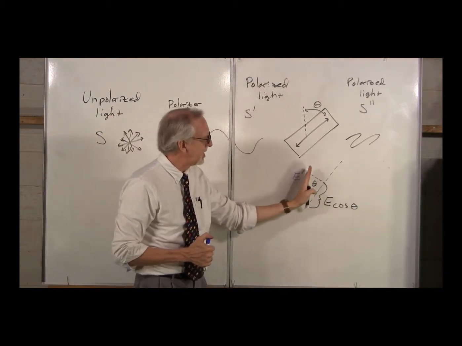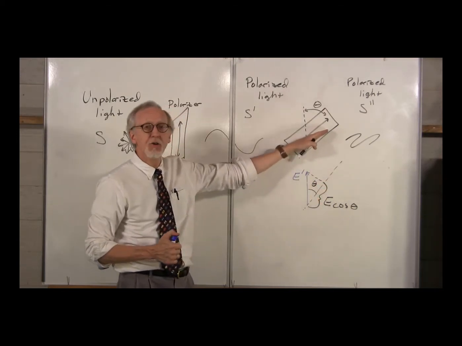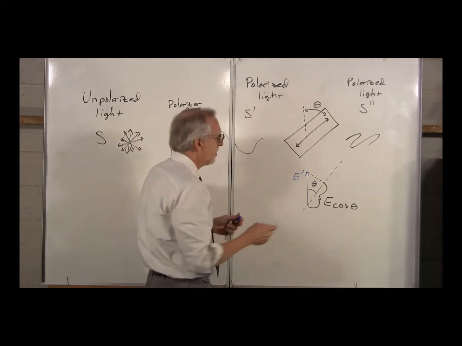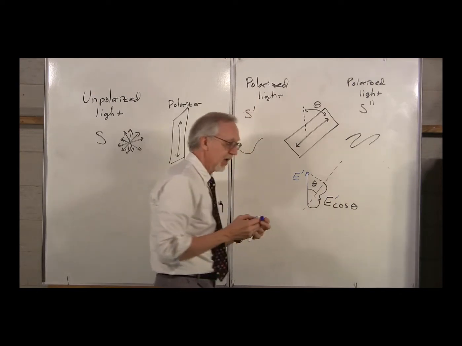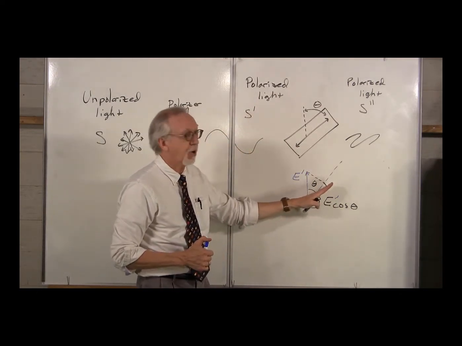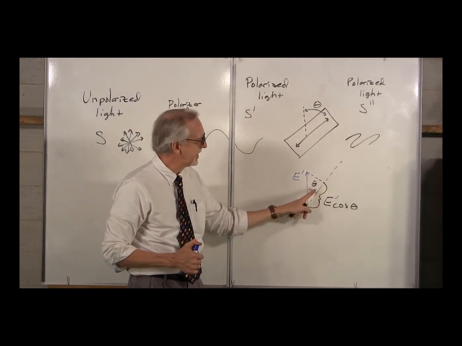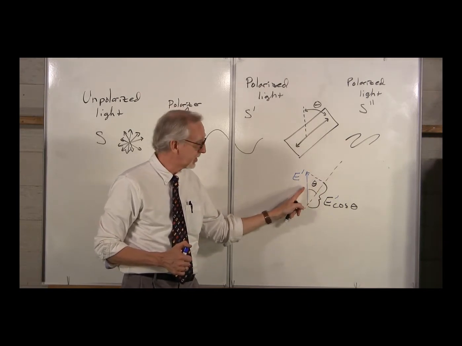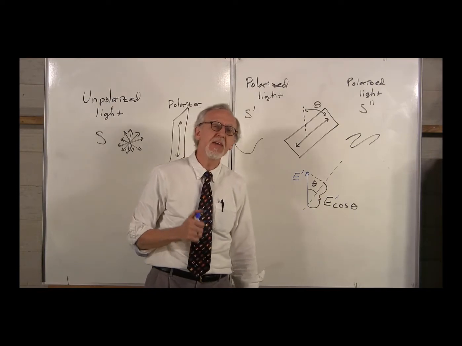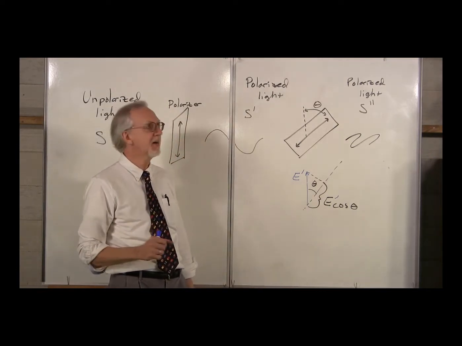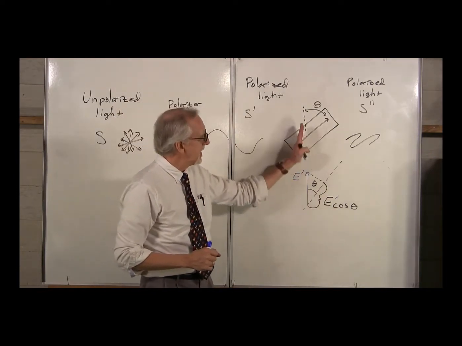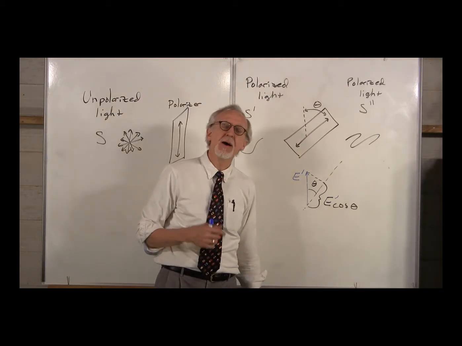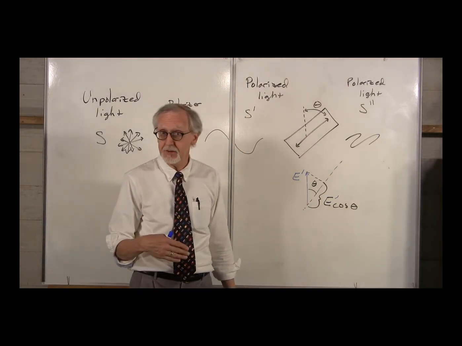Only the component of E prime that's along our new polarization will make it through. Well, how much is that? If the new polarizer is tilted at an angle of theta relative to our first polarizer, only a component of E prime cos theta will make it through. The electric field is going to be cut down by a factor of cos theta.